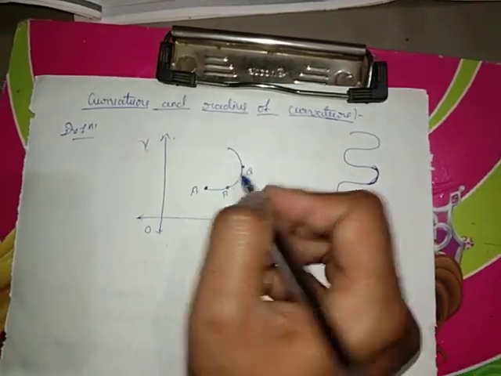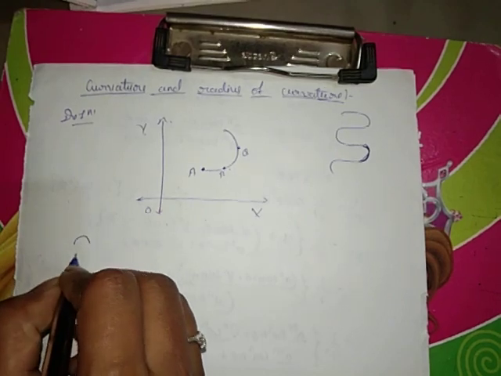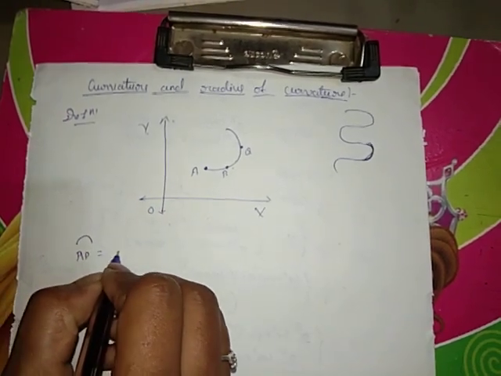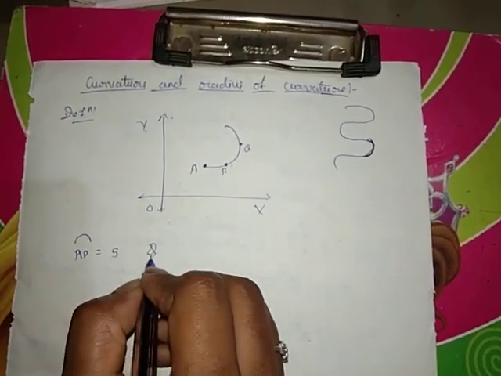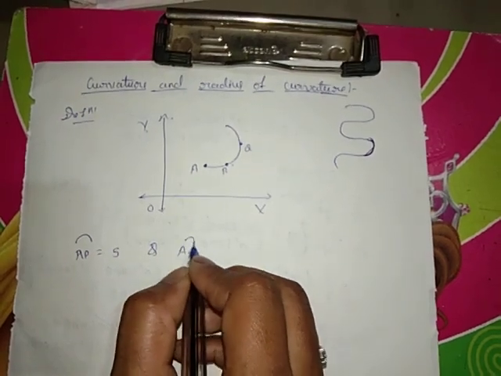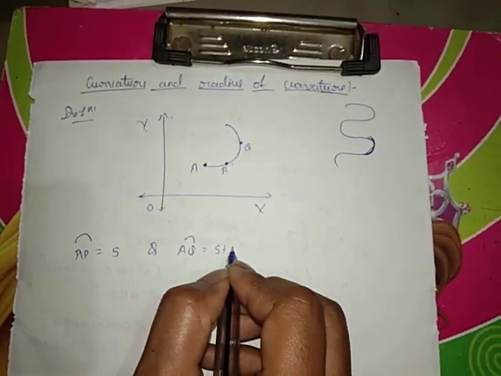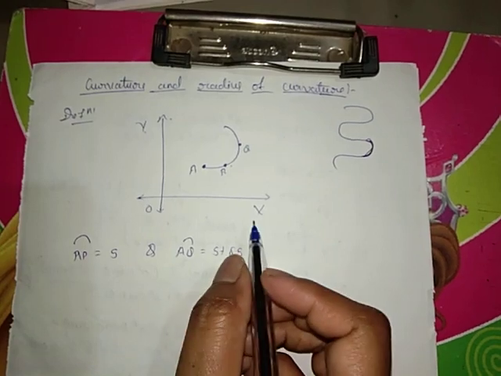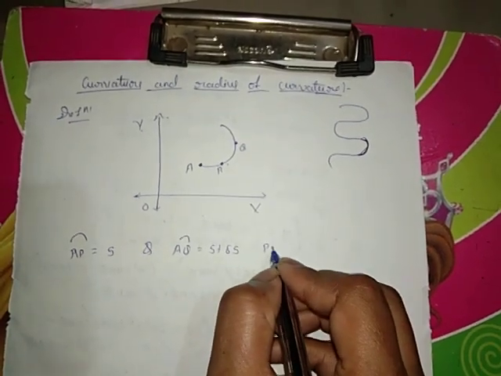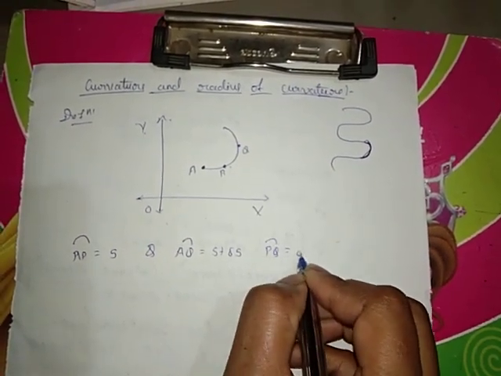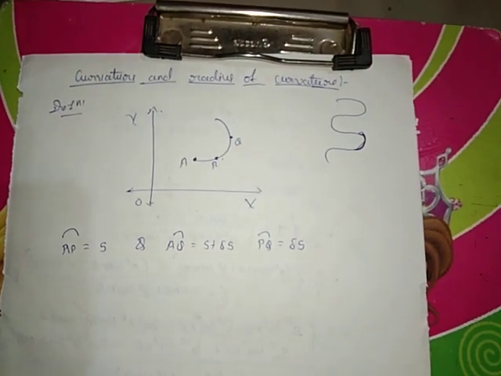We are considering arc AP equal to s and arc AQ equal to s plus delta s. Then arc PQ equals delta s.